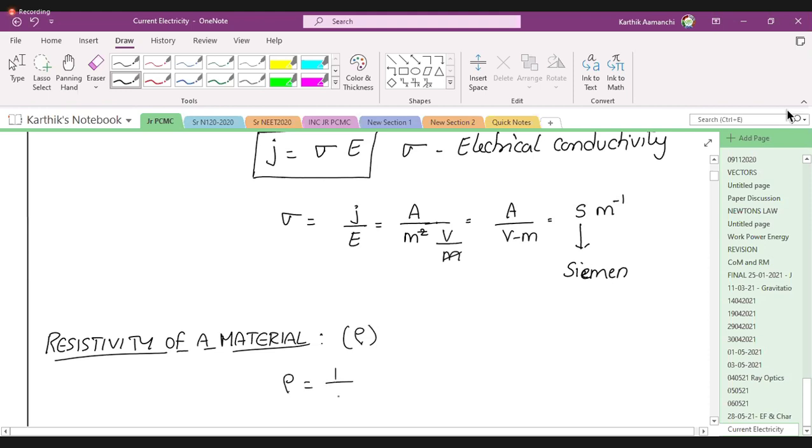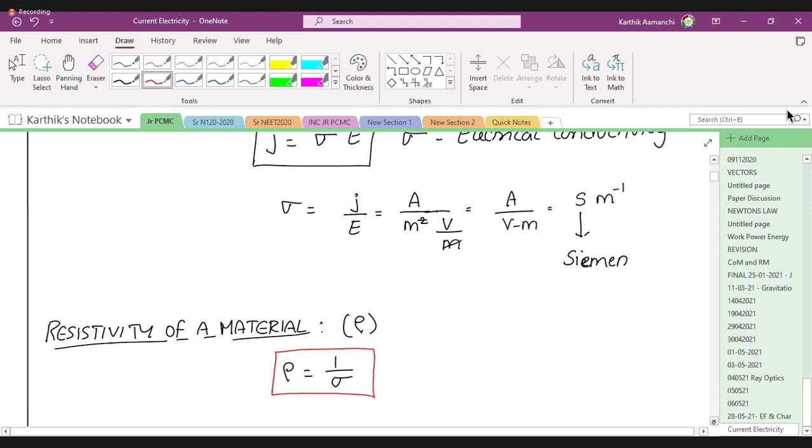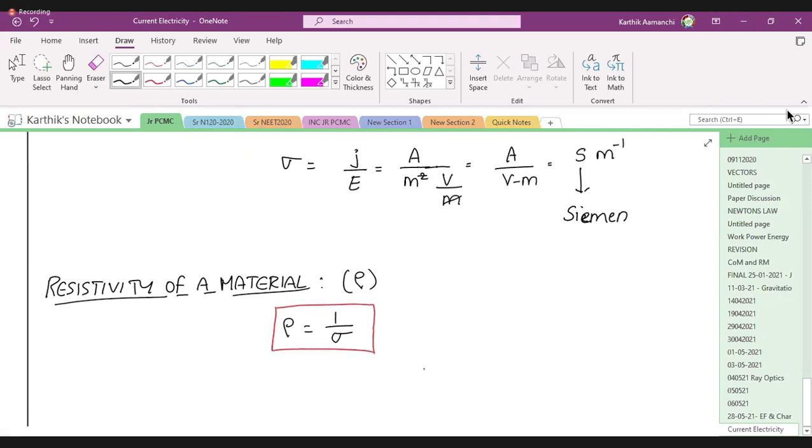Rho is defined as the inverse of conductivity. Sir, you said you are telling Ohm's law, nowhere near Ohm's law, sir. Wait, we'll come to Ohm's law. Don't worry. So your resistivity is called the inverse of conductivity.